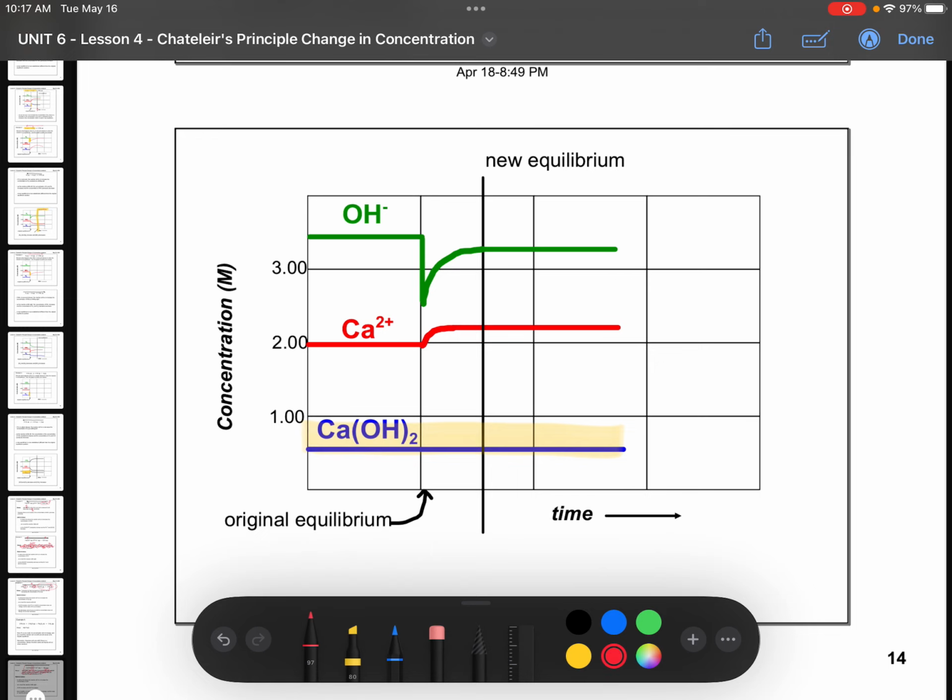If we have an increase or a decrease of a solid, we will not be changing our equilibrium whatsoever. But if we have a solid in our equation and we add or decrease any other product or reactant that is not a solid, then we will see a change in equilibrium.